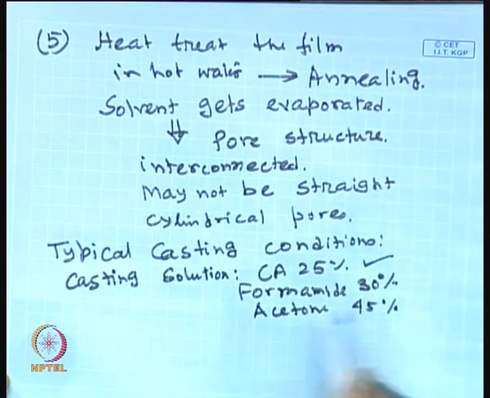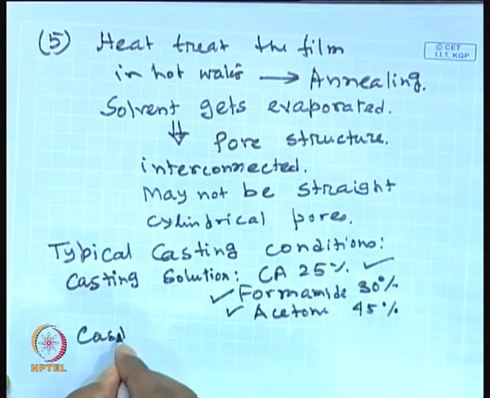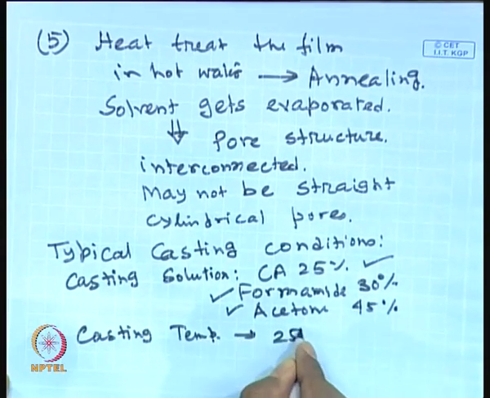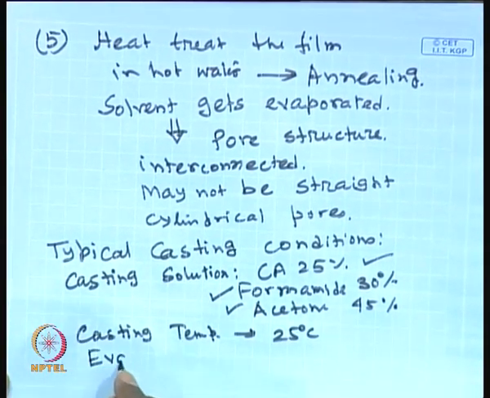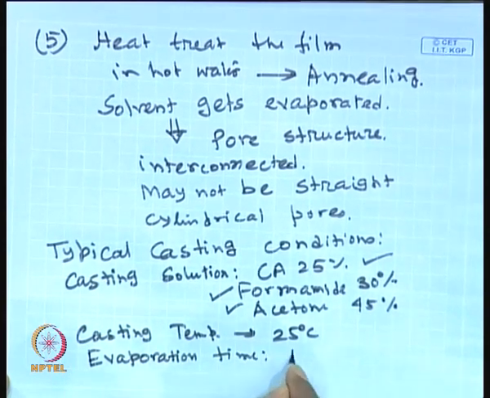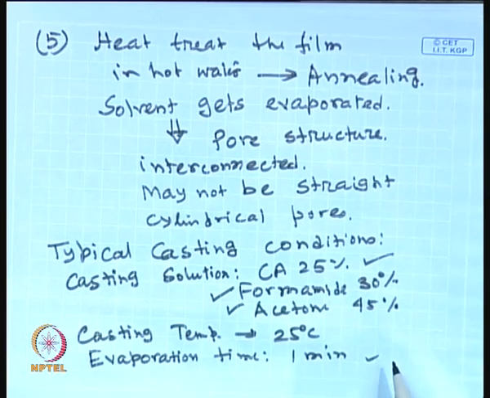This is the polymer, this is a solvent, acetone is another solvent. Casting temperature is 25 degree centigrade, and evaporation time is 1 minute. What is evaporation time? Evaporation time is the time duration for evaporating the solvent. That means you put it in the ice water bath for 1 minute. During that time the evaporation will take place, and the pore network will be produced.